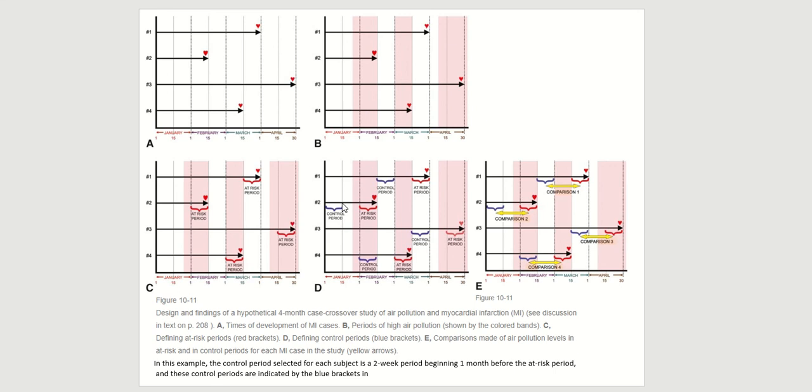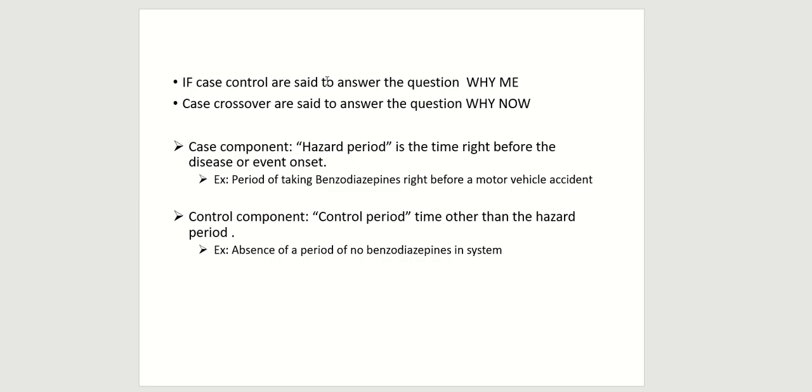Whereas here, you can see that more of this means that the pollution is related to the outcome. So if case control is set to answer the question why me, the case crossover is set to answer the question why now. The case component, the hazard period, is the time before the disease or event onset, whereas the control component is the control period, time other than the hazard period. Okay, and you have examples.